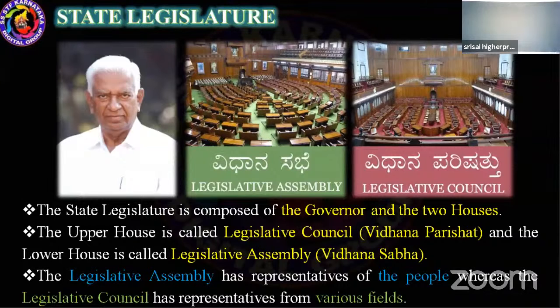He will select them and appoint them to the legislative council, according to the suggestion of the cabinet. Legislative Assembly is 24 plus 1, and Legislative Council is 64 plus 11, which means 75.